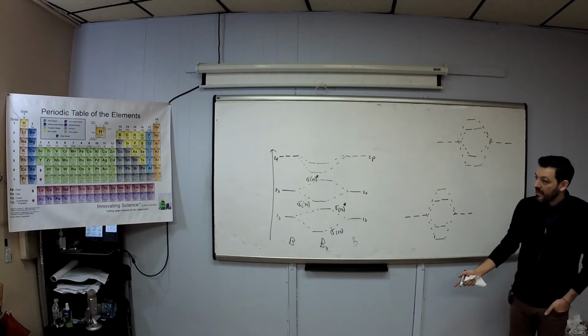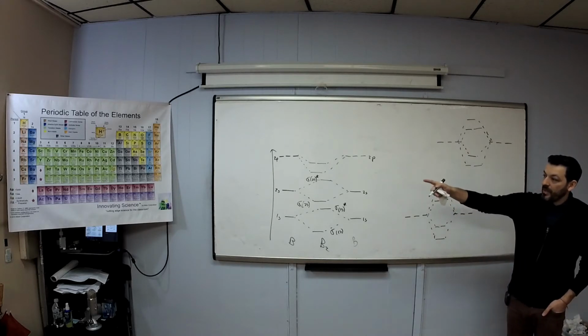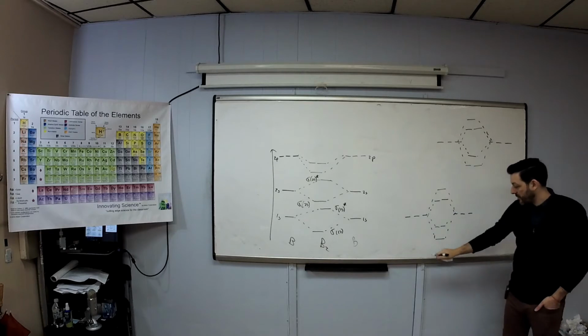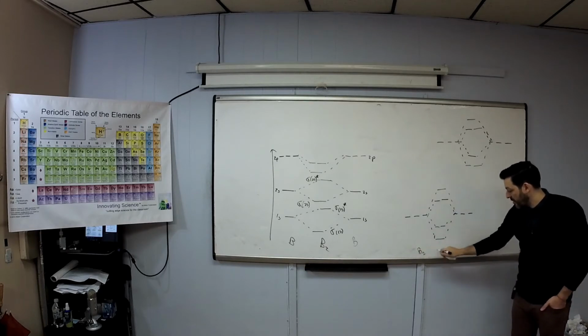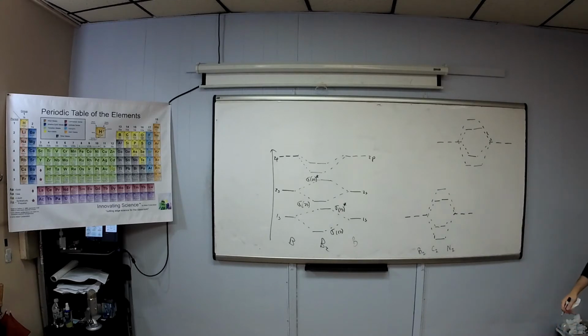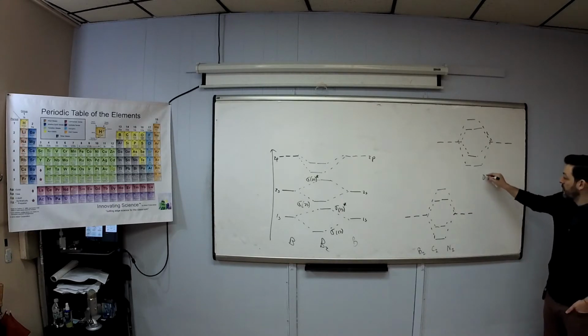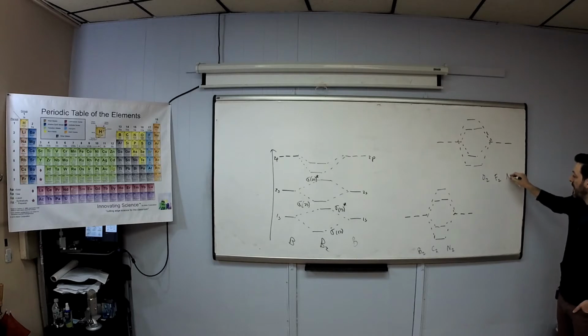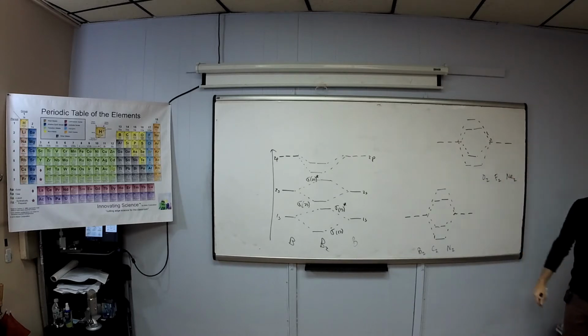The book says that if it's a boron, boron, carbon, carbon, nitrogen, nitrogen, B2, C2, or N2, it's this. And the book says that if it's an O2, an F2, or an Ne2, it's this.